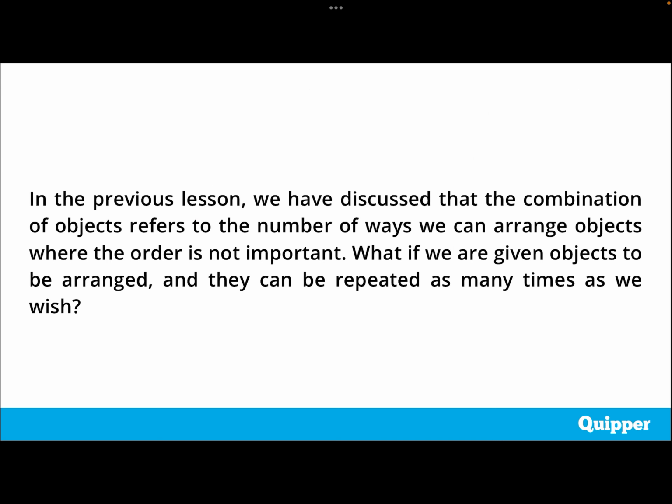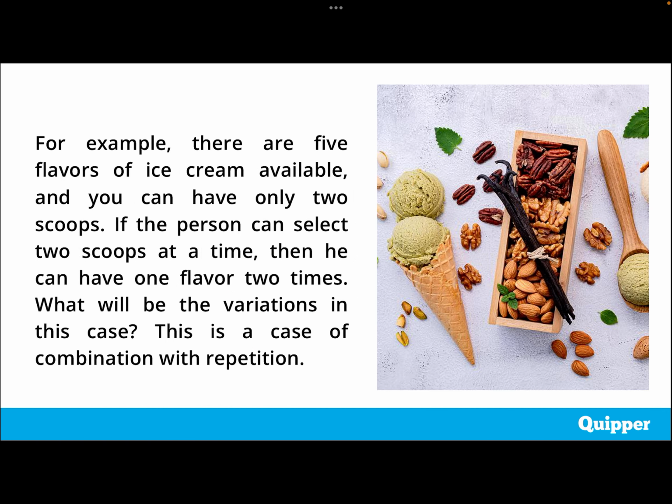So in the previous lesson, we have discussed that the combination of objects refers to the number of ways we can arrange objects where the order is not important. What if we are given objects to be arranged and they can be repeated as many times as we wish? For example, there are 5 flavors of ice cream available and you can have only 2 scoops.